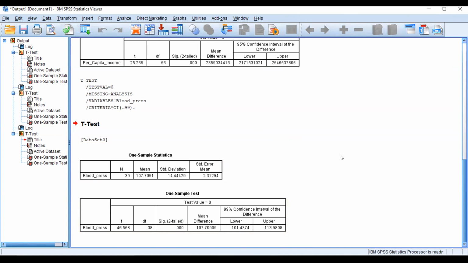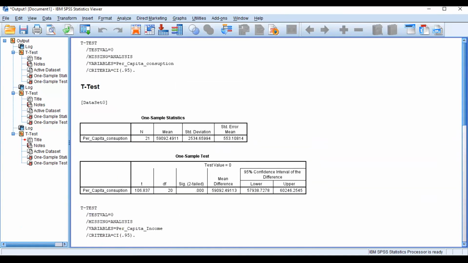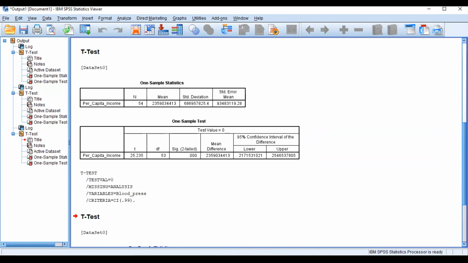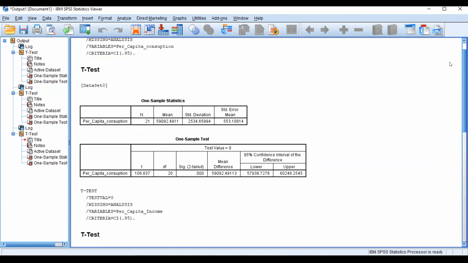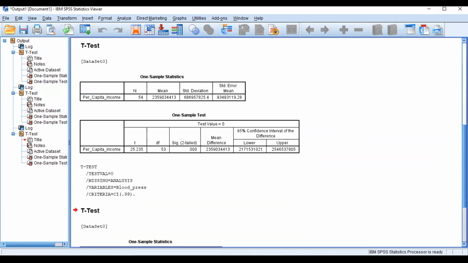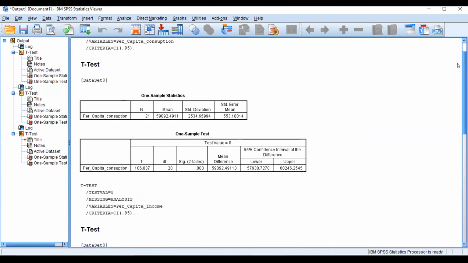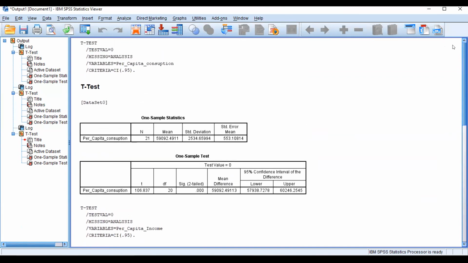Okay, this was all about the one sample t-test. I'm just repeating again, on the basis of these three outputs, we took three examples of the one sample t-test. There were just little differences, diversification, to make you understand when to use and what to use. The first two examples were from the social sciences, related to consumption or income.